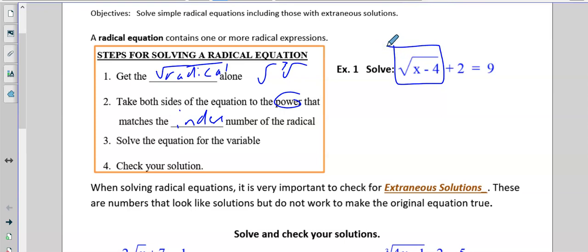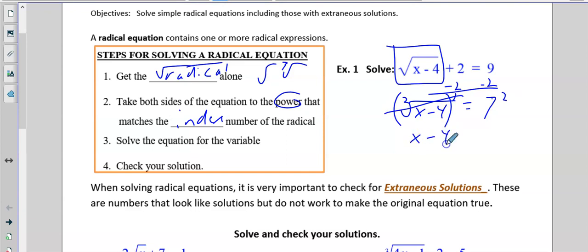So example 1. Here is my radical. I need to get it by itself. What's attached? The 2 by addition. So I subtract. This is a square root that equals 7. So now I'm going to square this because that will undo the square root, and I do that to both sides.